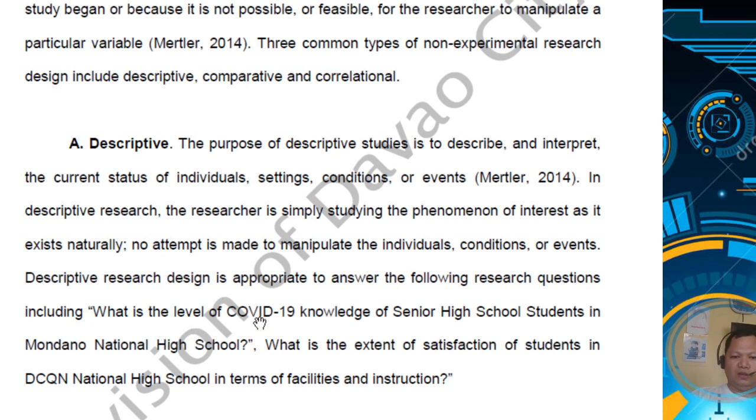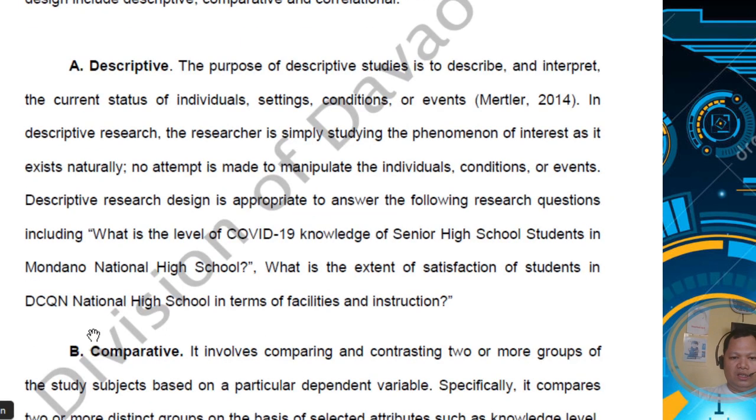For example, what is the level of COVID-19 knowledge of senior high school students in Mondano National High School? And what is the extent of satisfaction of students in the CQN National High School in terms of facilities and instructions? I want you to look at these two questions. These are examples of research questions in quantitative research.